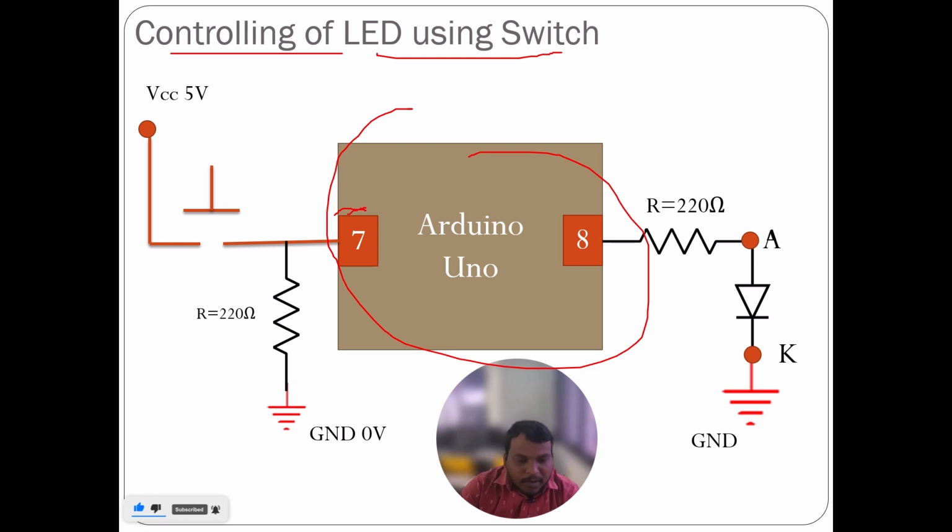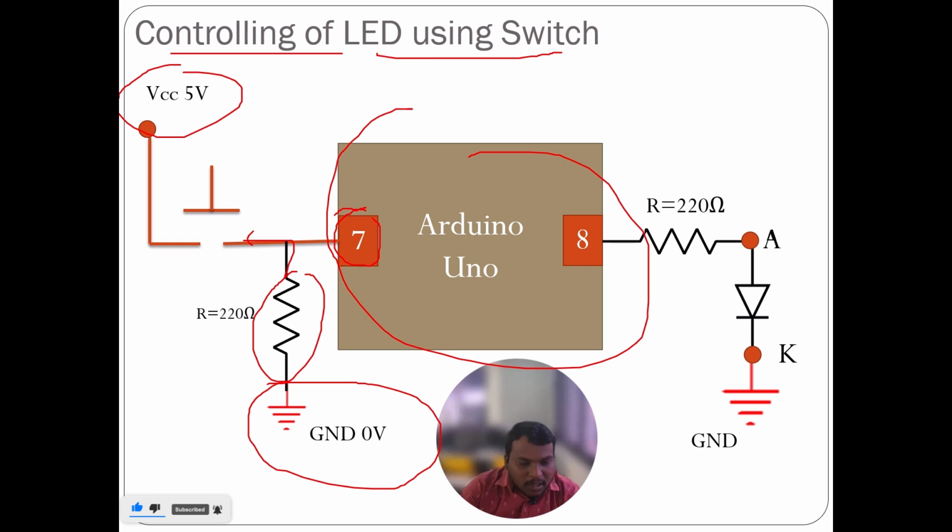From the Uno, pin number 7 is connected to the push button. One end of a resistor is connected to the push button, and the other end of the resistor is connected to the switch.